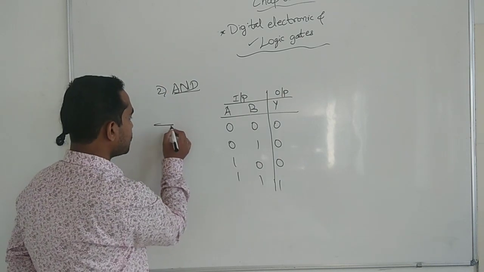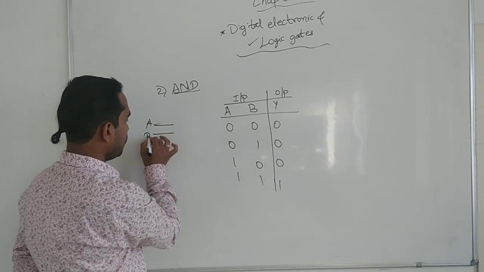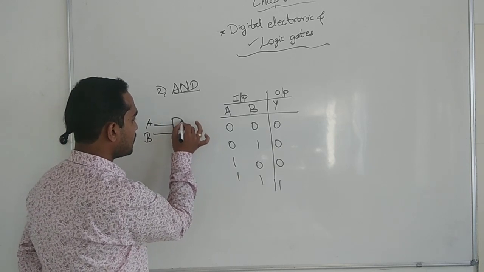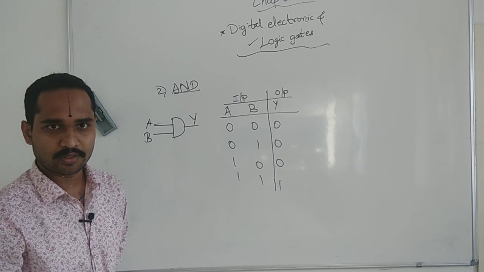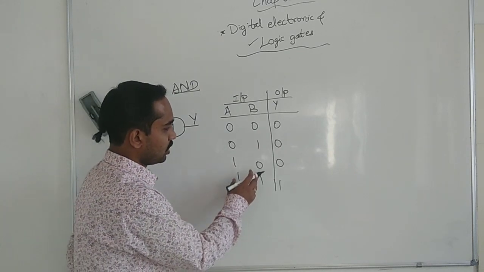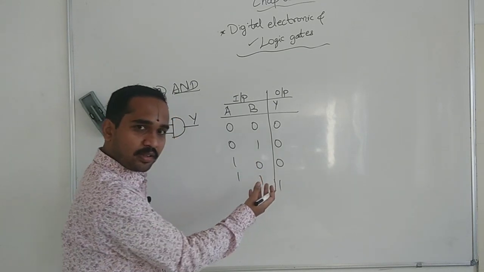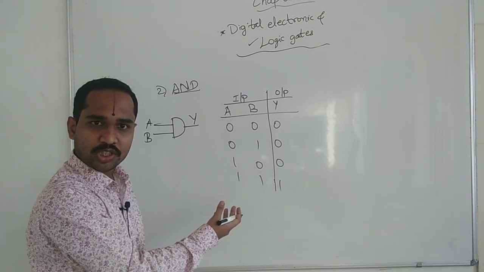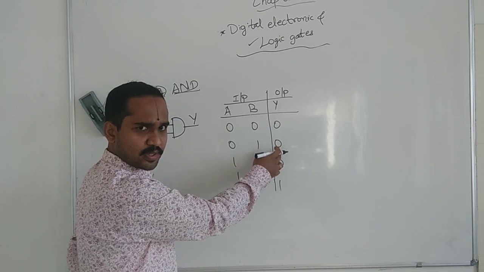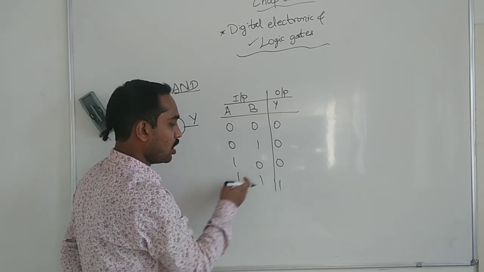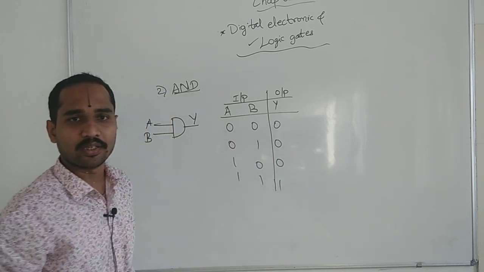Now the symbol of this you need to remember. This is A, this is B. The AND gate symbol is like this. Can you compare this with your normal multiplication? 0 into 0 is 0. 0 into 1 is 0 itself, isn't it? 1 into 0 is 0. Only 1 into 1 is 1.